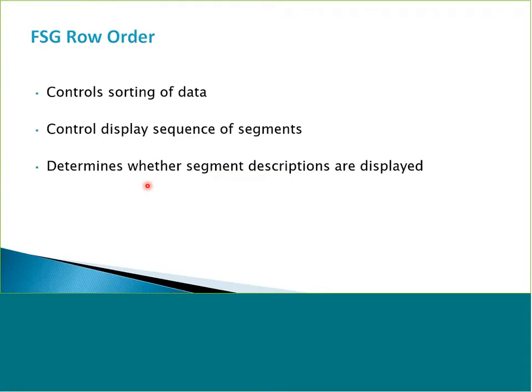The row order, as we know, controls the sorting of data. It controls how we display the segments, in what sequence we display the segments on the report, and it also determines whether descriptions are displayed.